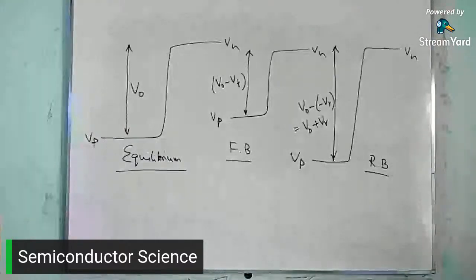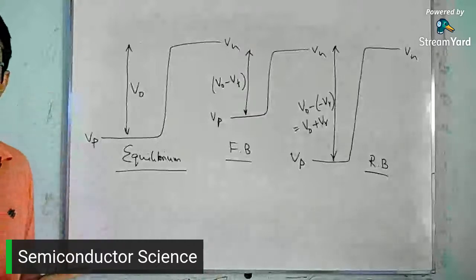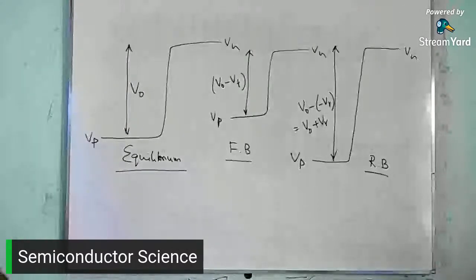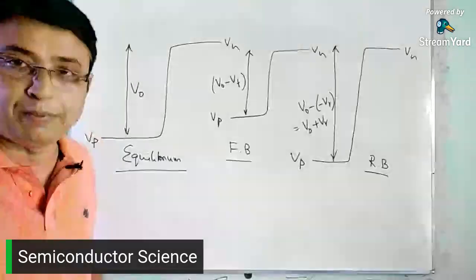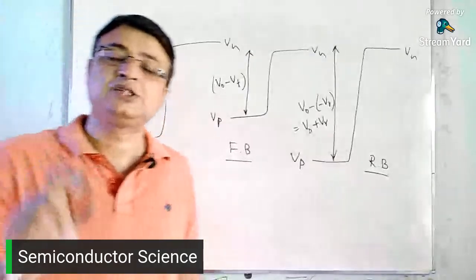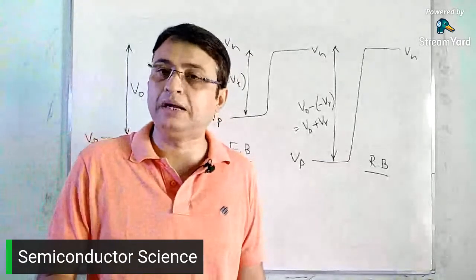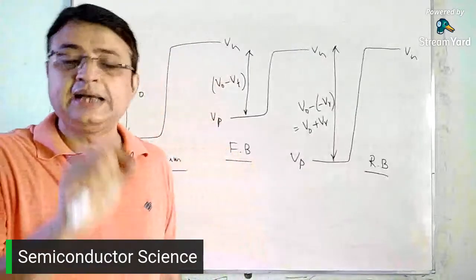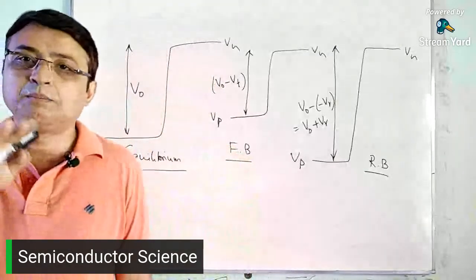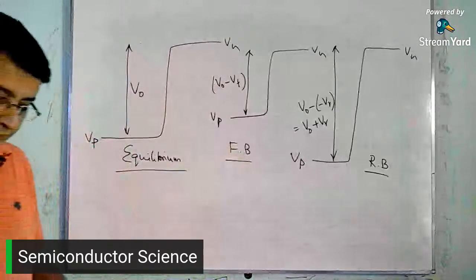Now, what happens for the reverse bias case? For a reverse bias, that is, whenever the applied potential V is equal to minus VR, the opposite occurs. What is that opposite? The electrostatic potential of the P side is now depressed, because whenever we apply a reverse bias, we connect the negative terminal of the battery to the p-type side, which results in lowering of the potential at the p-type side.